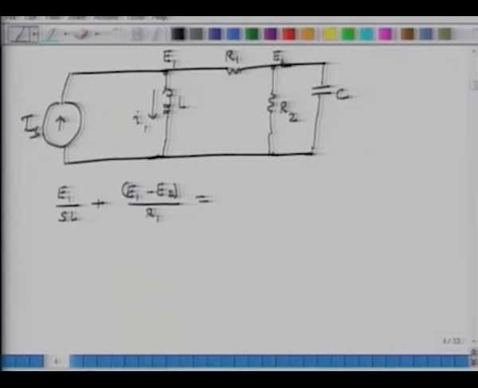IS. Similarly, the second equation becomes: E2 minus E1 over R1 plus E2 over R2 plus E2 times Cs equals 0. Now I rearrange some of these terms and put them in a matrix form.